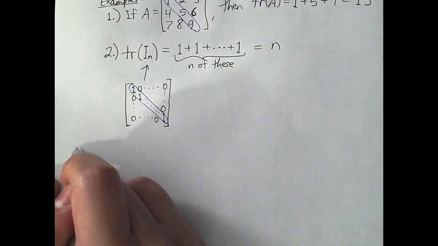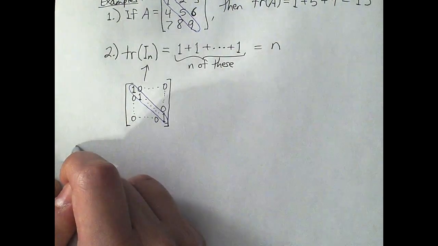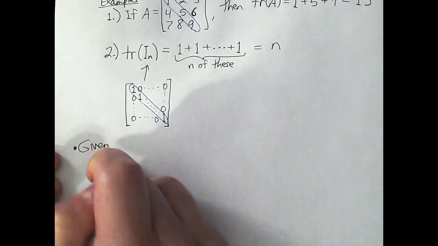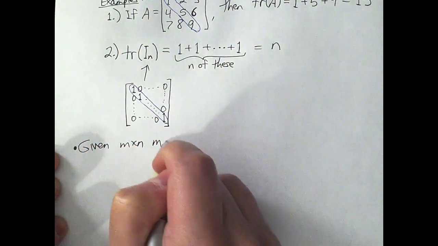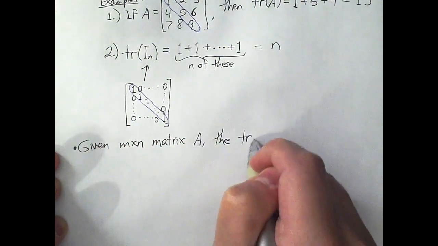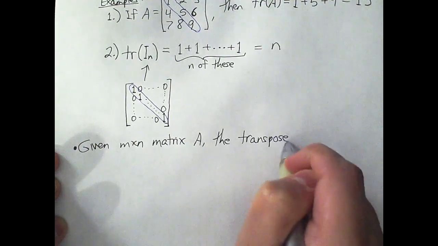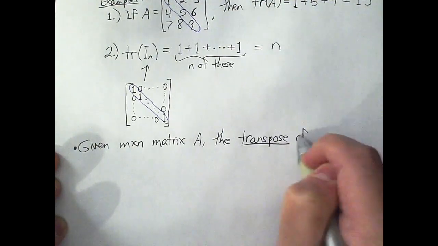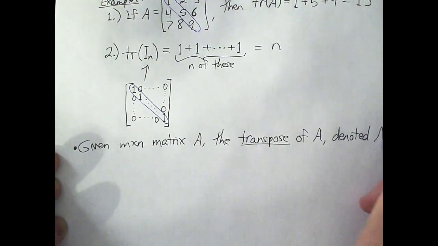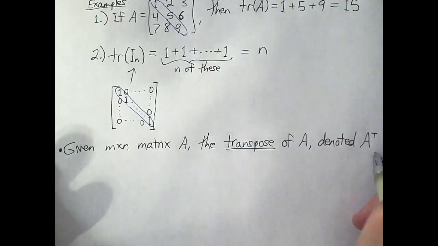All right, let's see. I think I had one more definition here. Under this heading of definition, so far we had A to the k, we had the trace of a matrix, and now one more is, if we're given an m by n matrix A, the transpose of A, denoted A with an uppercase T up there.